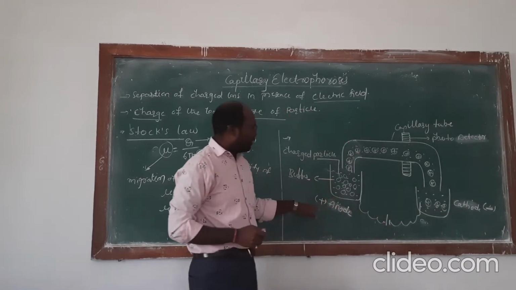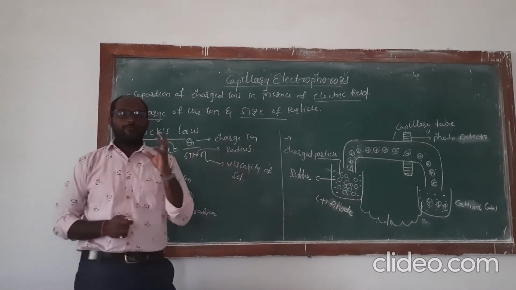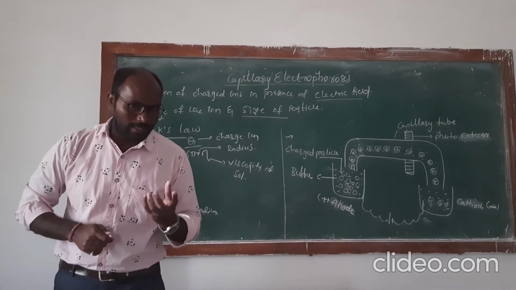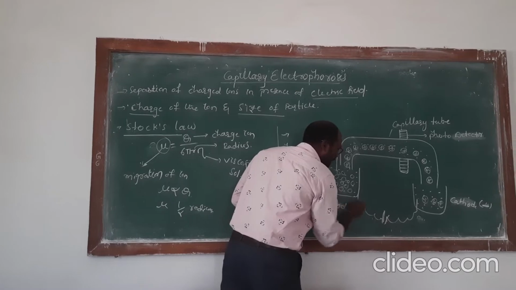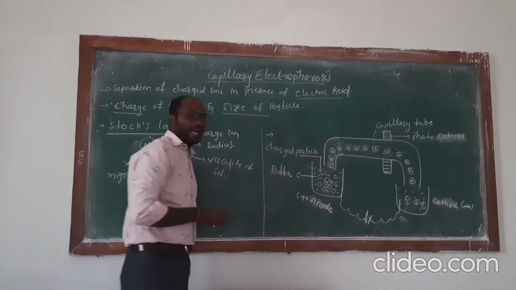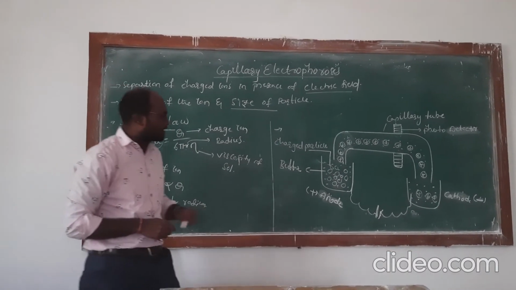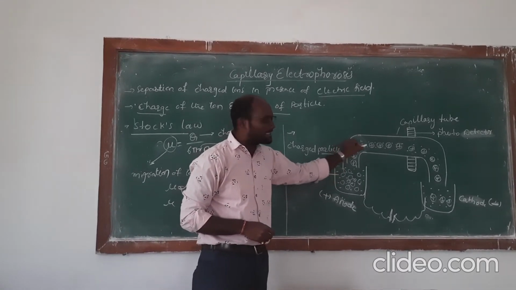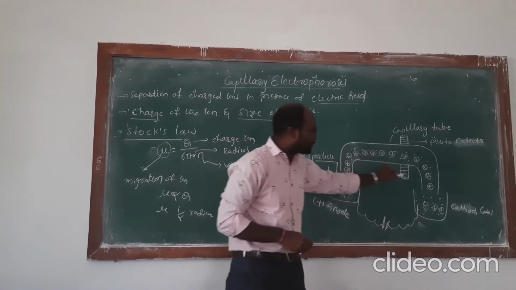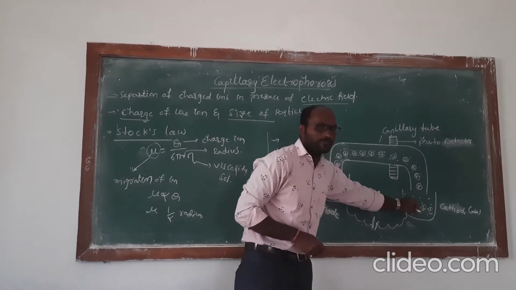At the anode we place the different charged ions with different particle sizes. When we apply an external electric field between the anode and cathode, the positive ions present here traverse through this capillary tube and reach the cathode.